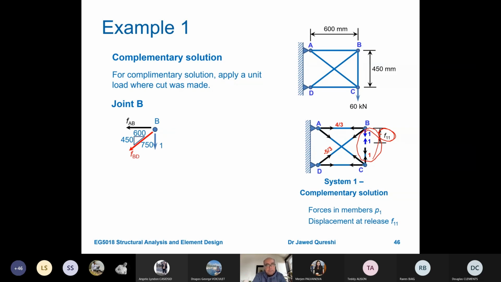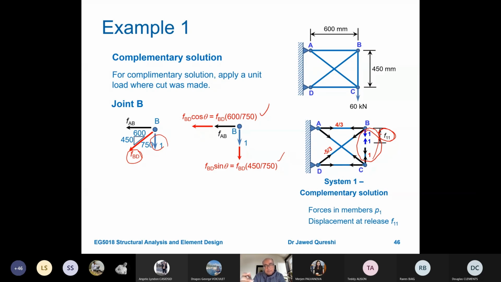Now here at joint B I have one force, the vertical force, which is 1, and I have this inclined force FBD, for which horizontal and vertical dimensions are given. I can work out the hypotenuse, and then I have to take the horizontal and vertical components of FBD, which are here, and then I will sum up these forces.